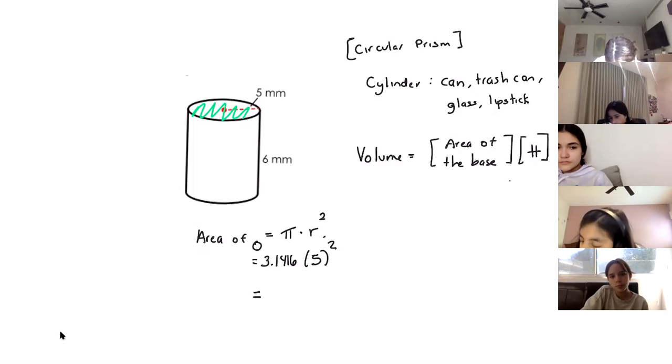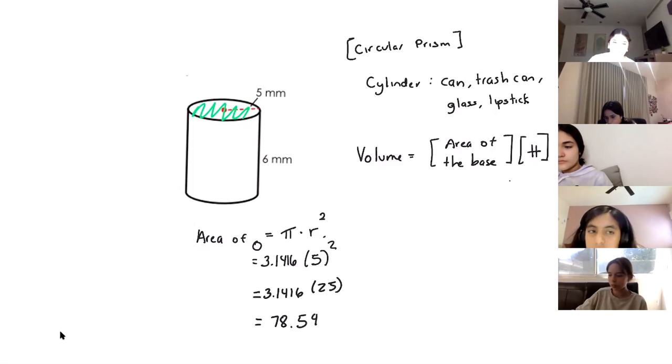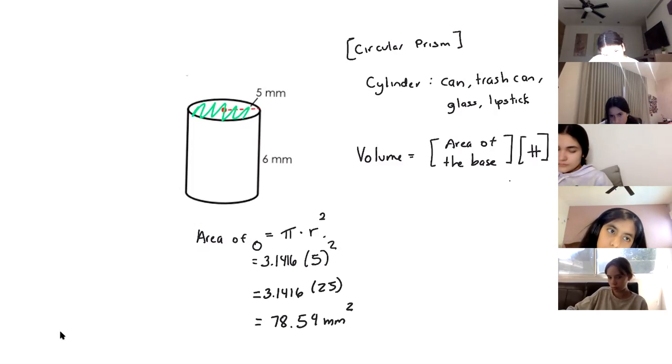So 5 to the second power is 25. 3.1416 times 25, that gives 78.54 millimeters to the second power, because in that part, I'm still dealing with the area of a circle.